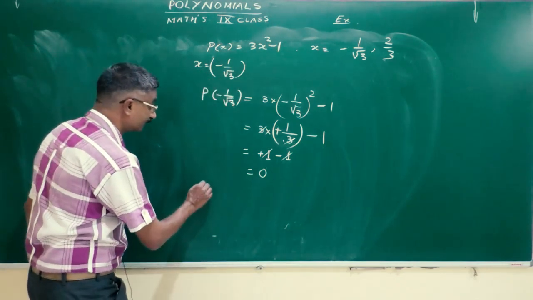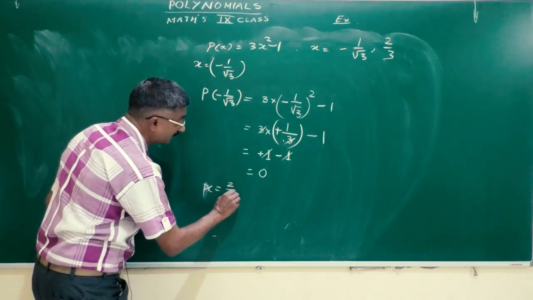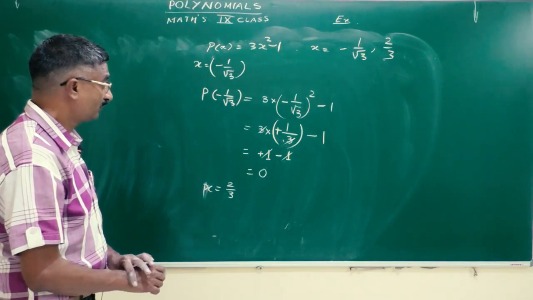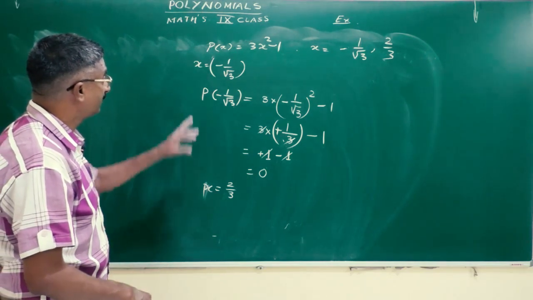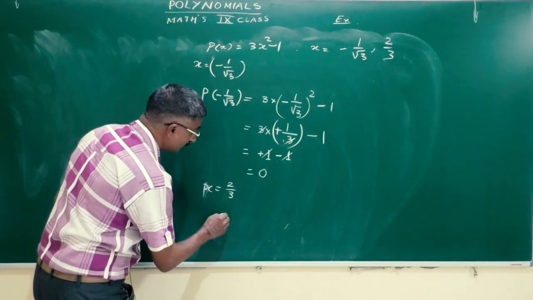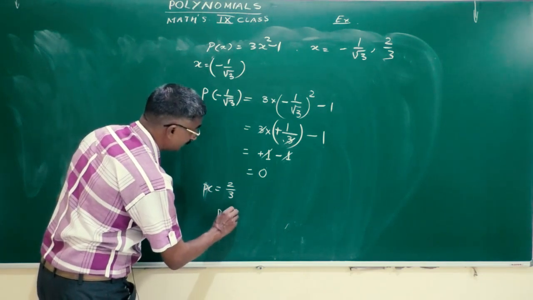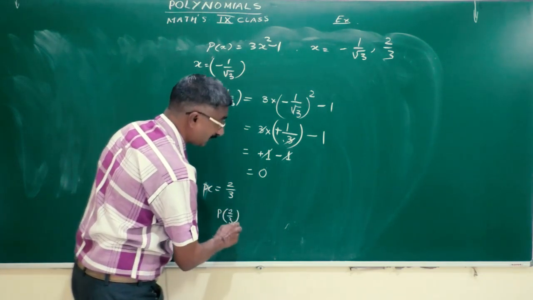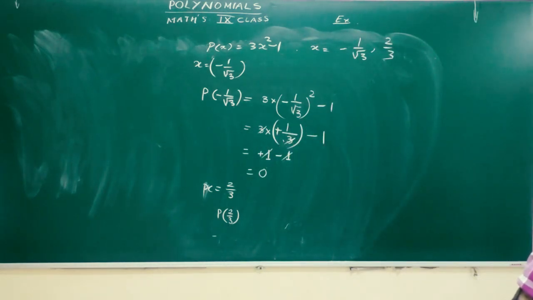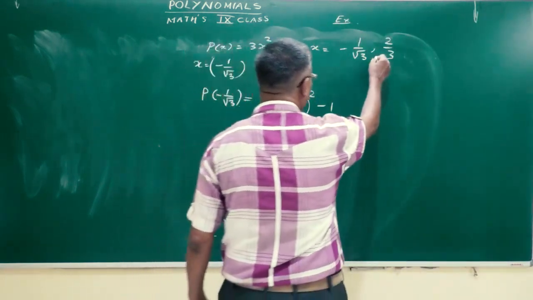Second part is x is equal to 2 by root 3. I have to check whether it is root 3 or 2 by 3 only. It is 2 by root 3, yes, my doubt is correct.